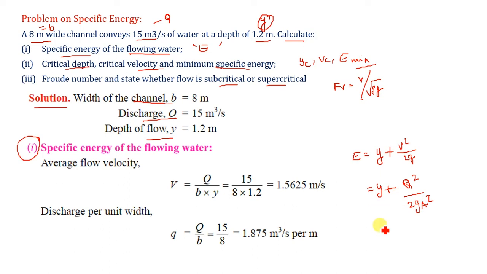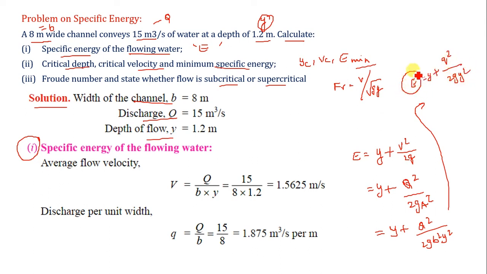So now I can further write this as Y plus Q square by 2G B square Y square. Of course, this is a rectangular channel, I told you, right? So I have taken the area as B into Y. And again, I am writing E is equal to Y plus small q square by 2G Y square. So in order to calculate the specific energy, I need to know what is Y.